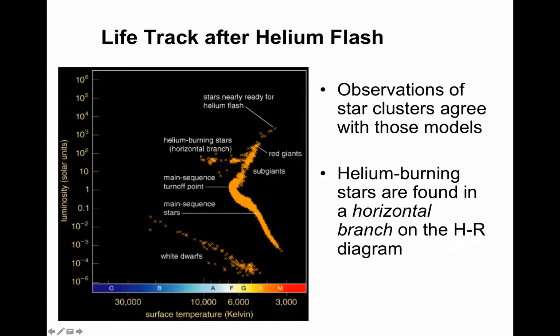Not much happens to a star once it reaches here. It sits there and happily burns helium until it runs out of helium in the core. So again, the red giant branch is an inert helium core with a hydrogen burning shell. The horizontal branch, you're burning helium in the core now, and you still have the hydrogen burning shell around it.